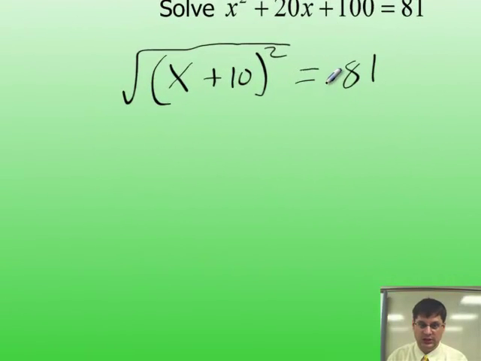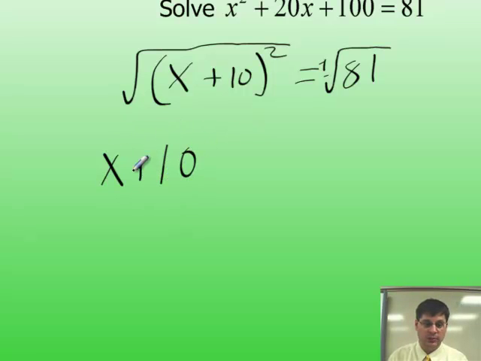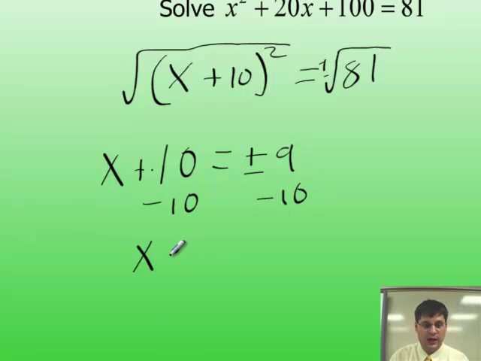I do that by taking the square root of both sides. Now remember, since this is an even number exponent, this is going to be plus or minus the square root of 81. So I'll be left with x plus 10 equals plus or minus 9. Now all I have to do is subtract 10 from either side, which will leave me with x equals negative 10 plus or minus 9, because I can add 9 or subtract 9.